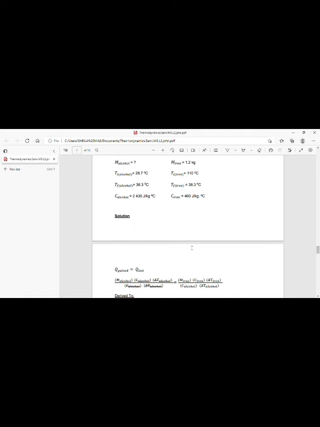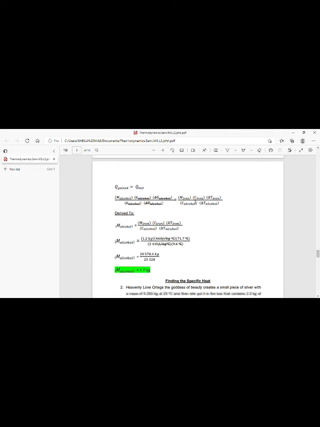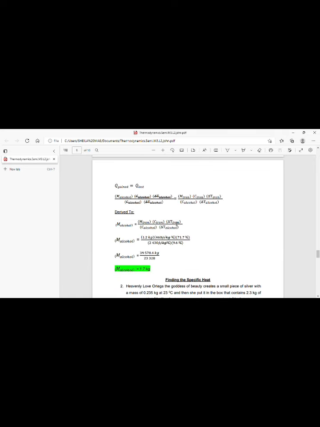So you can see here, we are going to subtract the final and initial temperature, so that we can come up with the change in temperature, which is the delta T of iron. Here 71.7 degrees Celsius over 2430 joules per kilogram degree Celsius times 9.6 degrees Celsius here.